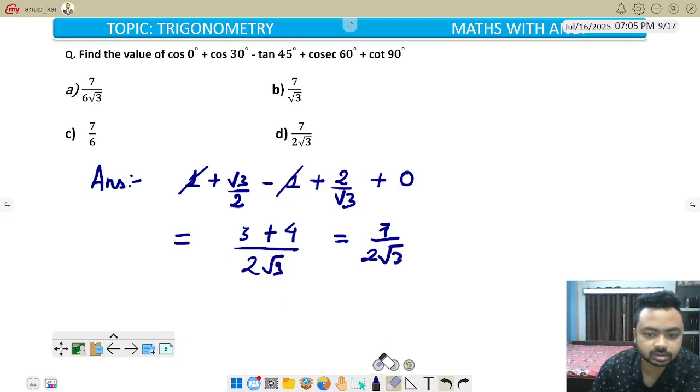Okay, I hope it is clear. Here there is nothing to understand. You have to just remember the trigonometric values. You have to memorize the chart. If you remember the chart, you can solve the problems easily. Not much explanation is needed.